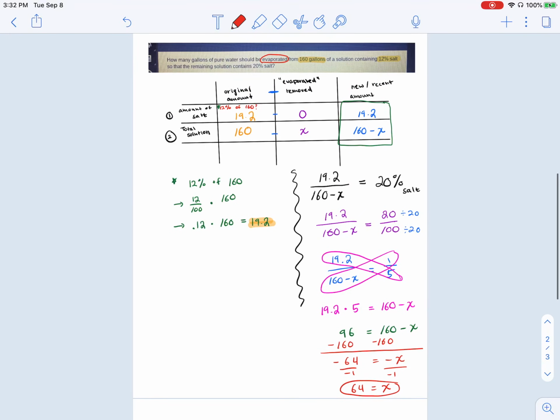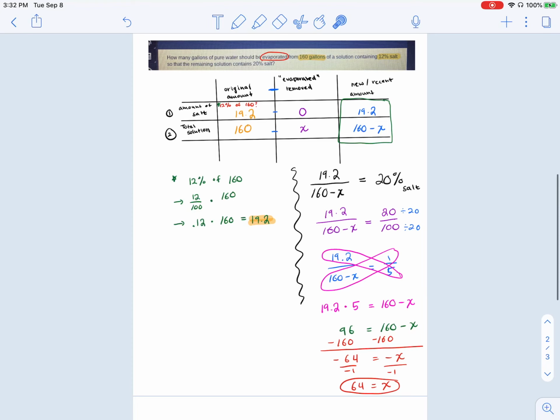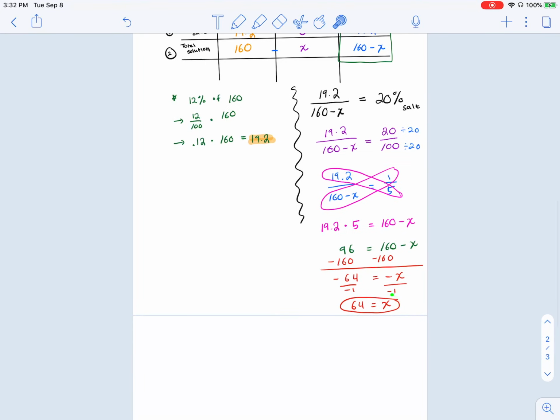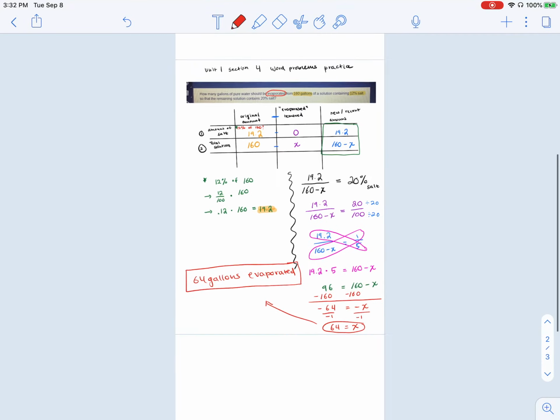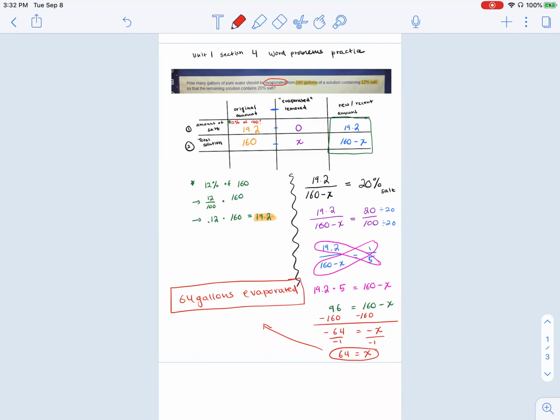If we go back, they want us to know how many gallons of pure water should be evaporated. We made x the amount that's being evaporated. So now my answer is 64 gallons evaporated. There you go. Once again, this is from Unit 1, Section 4.